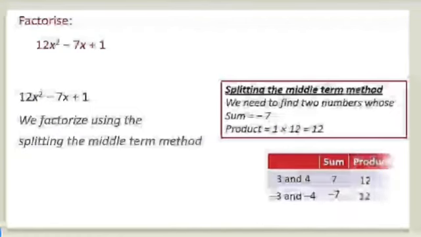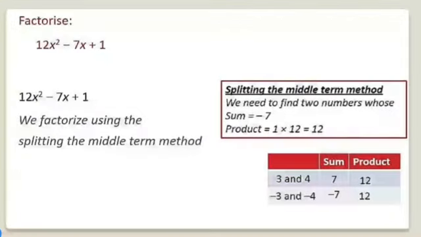3 and 4, we get sum as +7 and product as 12. Plus 3 into plus 4 we get plus 12, and similarly plus 3 plus plus 4 we get plus 7.